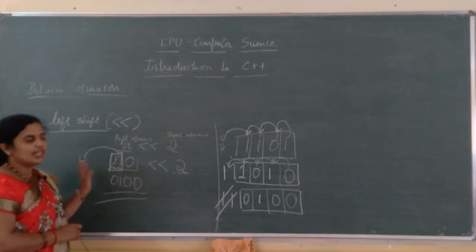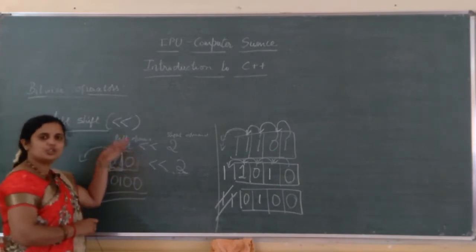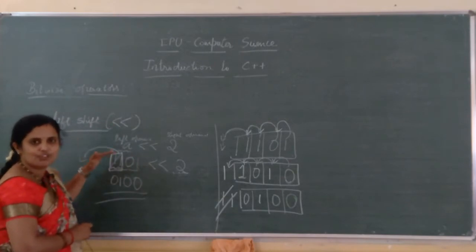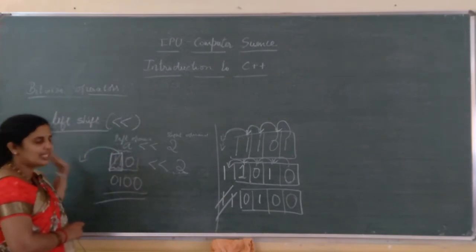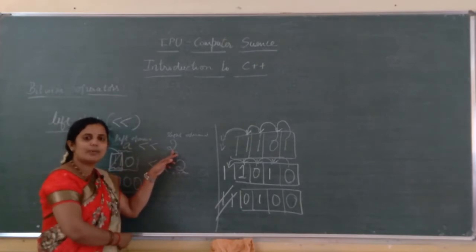Have you understood? Here left shift operator shifts the bits in the left operand to the left. Left shift means shift to the left, okay, to the left by the number of bits specified in the right operand.